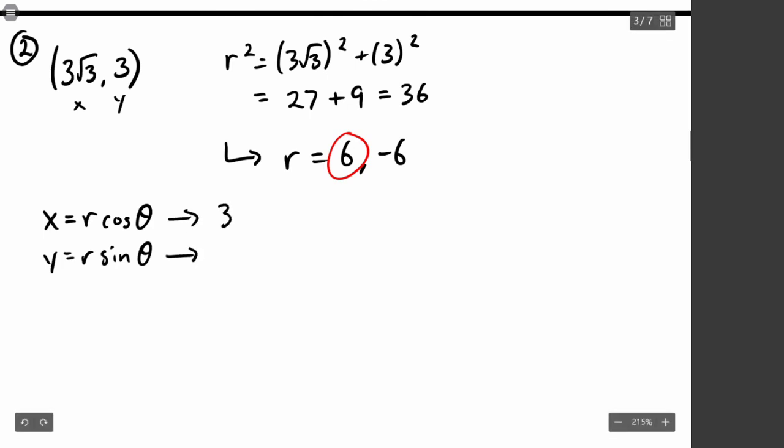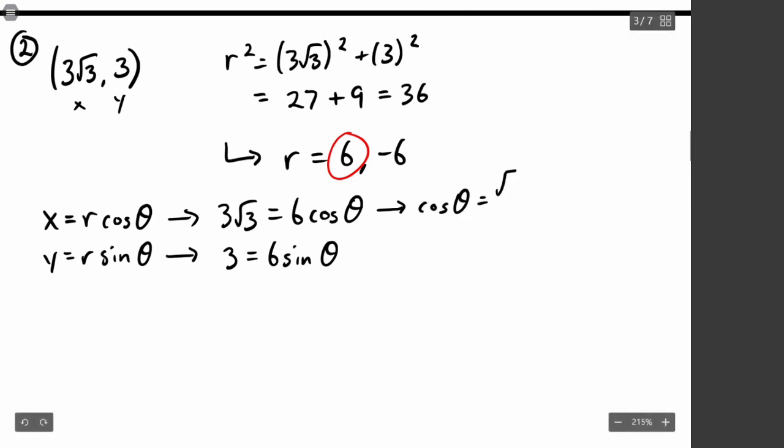We get 3 root 3 equals 6 cosine of theta. And here we get 3 equals 6 sine theta. So this is like saying cosine of theta is root 3 over 2. And this one says sine theta is 1/2. Now think about what value of theta makes both of these statements true.